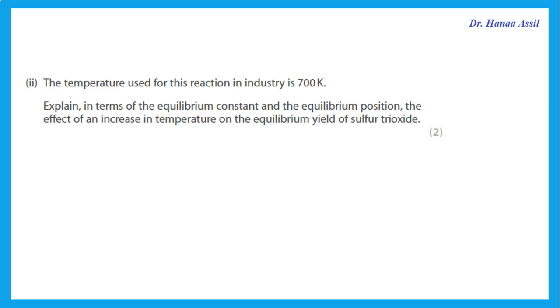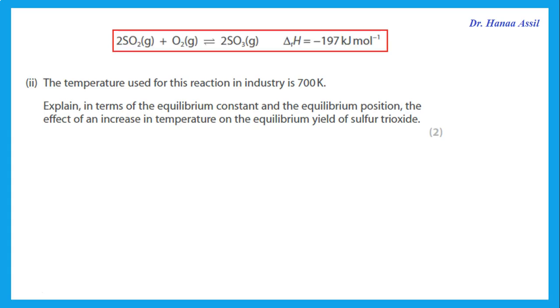Explain in terms of the equilibrium constant and equilibrium position the effect of an increase in temperature on the equilibrium yield of sulfur trioxide. Okay, this was the equation, and the equation says that the forward reaction is exothermic. So what happens if we increase temperature?